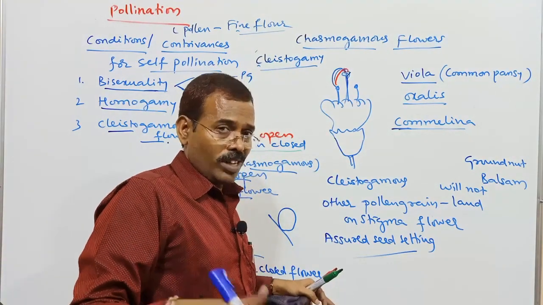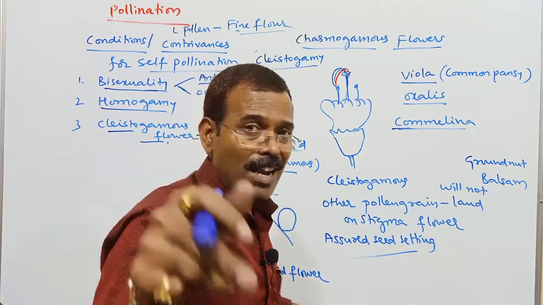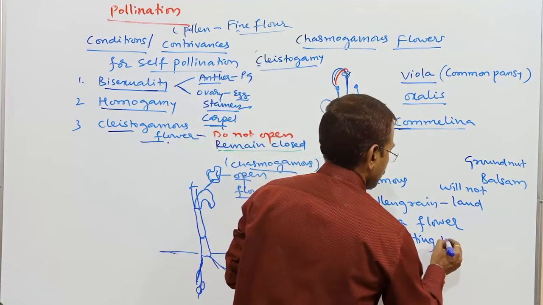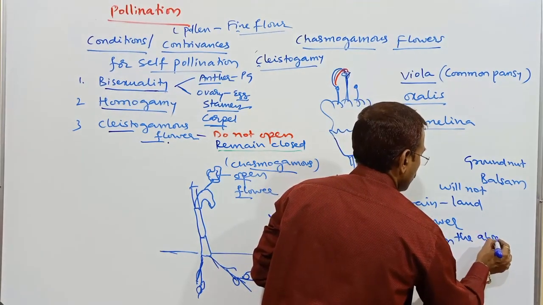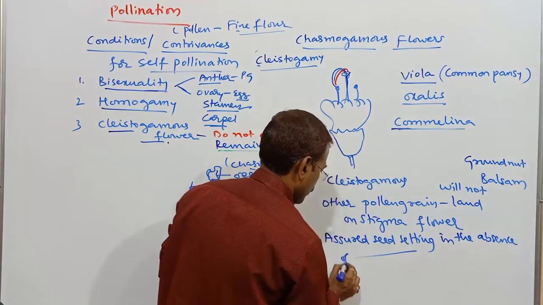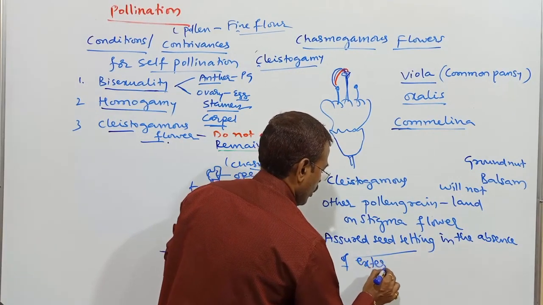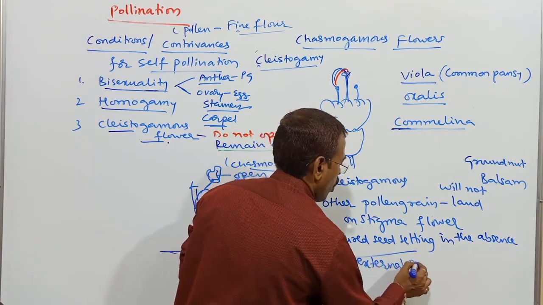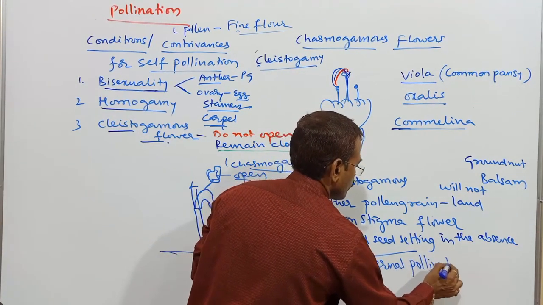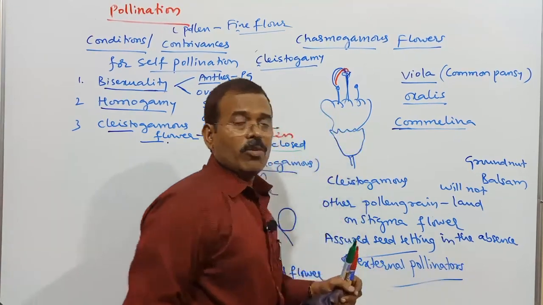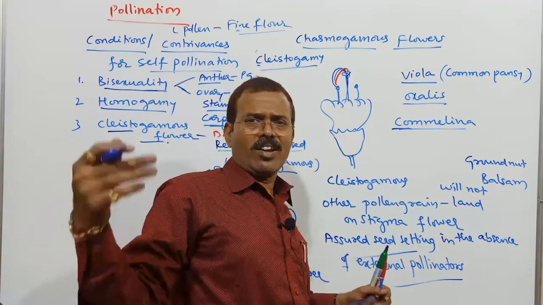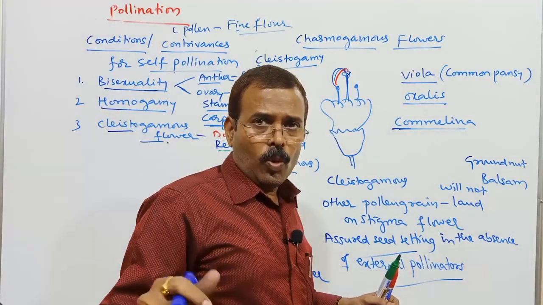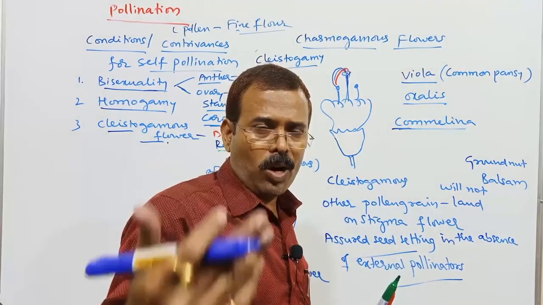Assured seed setting, even in the absence of external pollinators. Even though the external pollinating agent is absent, it can be wind, it can be water, it can be animals, whatever it is, there is no requirement of an external pollinating agent.